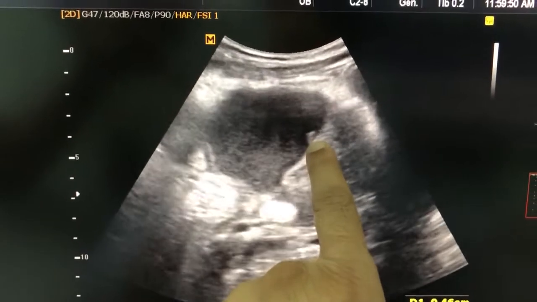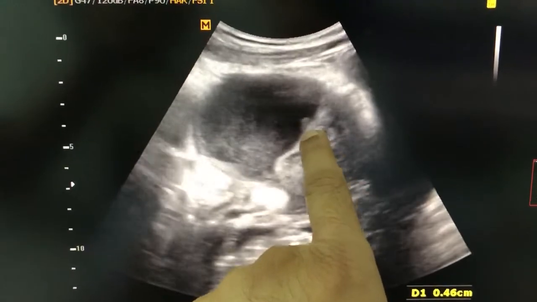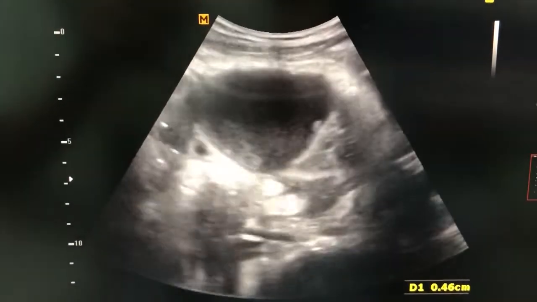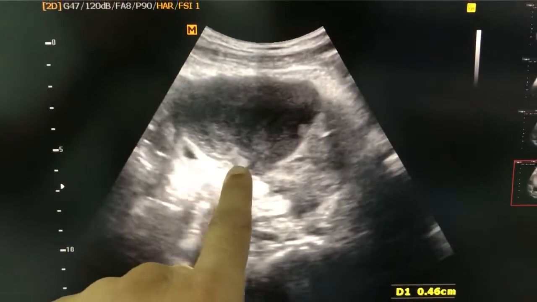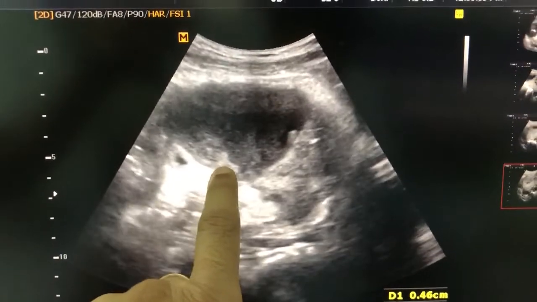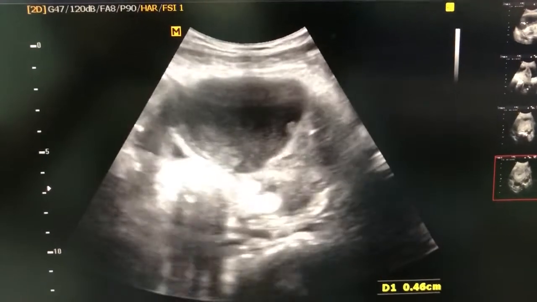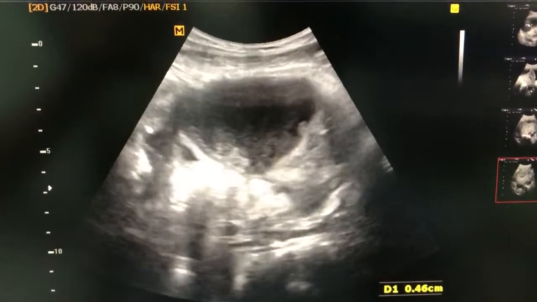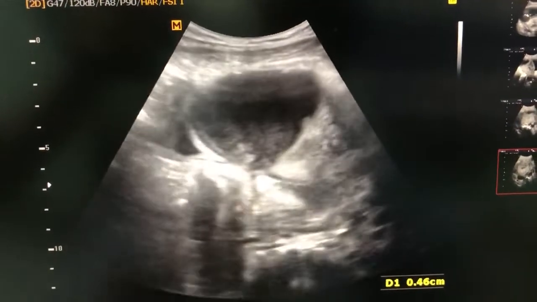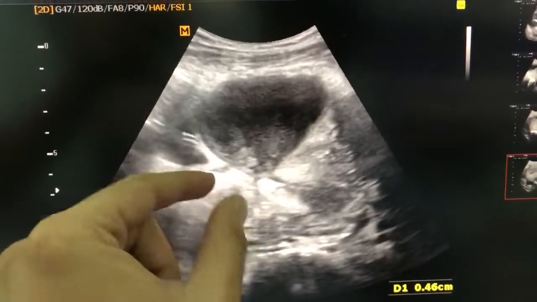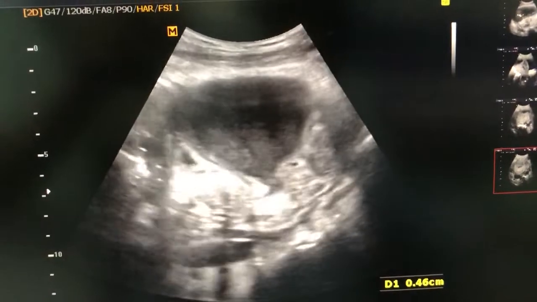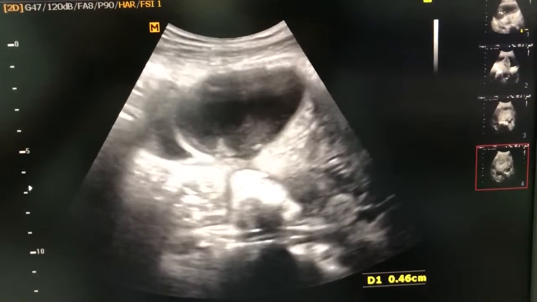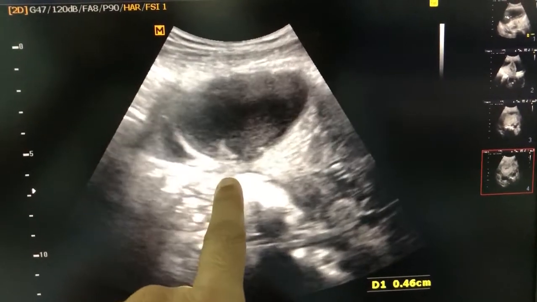When you see this kind of tubercle and this kind of fluid, here also there is some tubercle. This is a sign of torsion. This might be the root, because the tubercle here is thick. Yes, you see this is the root.